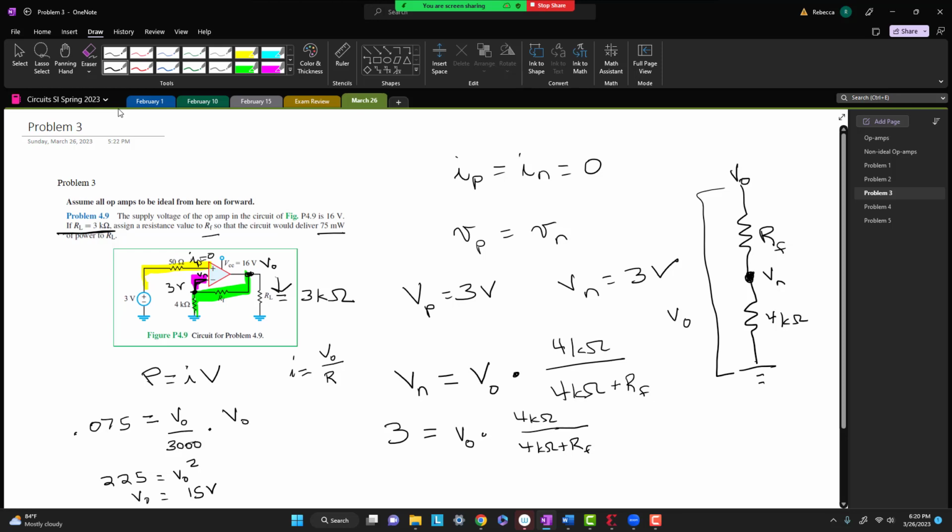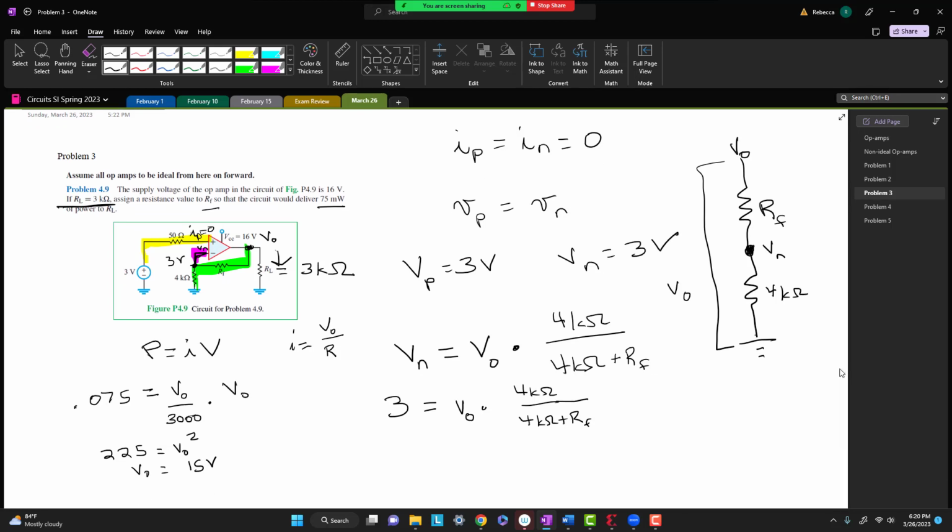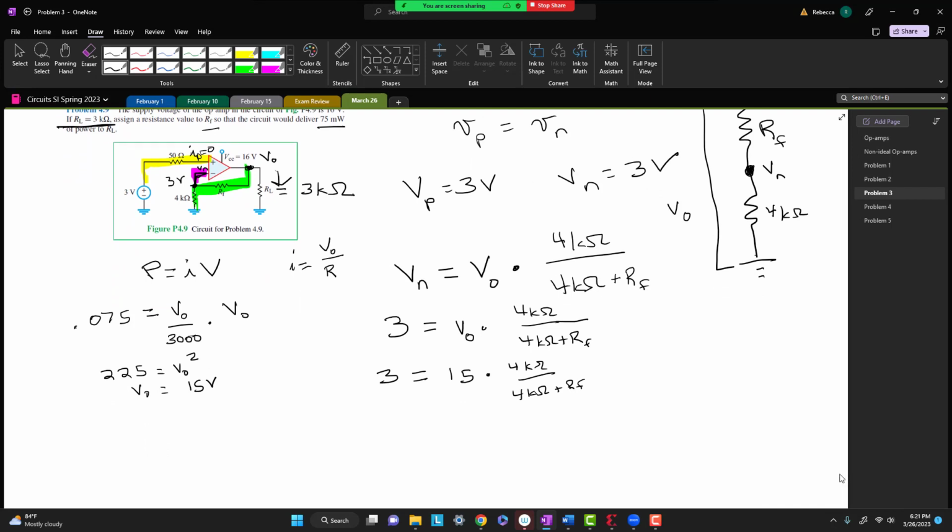Well, now that I know what VO is, I can go back over to here, and I get 3 equals 15 times 4 kiloohms over 4 kiloohms plus RF. And I'll multiply both sides by 4 kiloohms plus RF and divide both sides by 3.